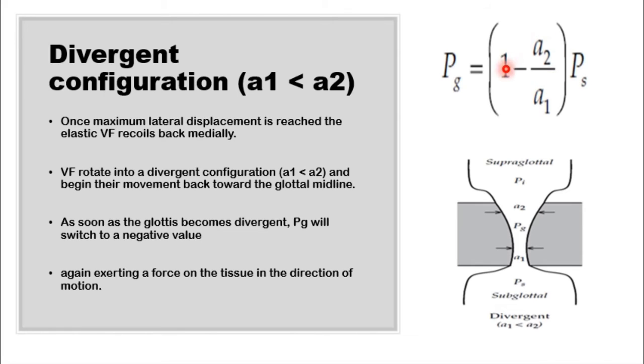So this entity would be negative, providing a negative intraglottal pressure. A negative intraglottal pressure in here would help in getting the vocal folds' medial ends closer together towards the midline, thereby closing the glottis during the closing phase of the glottic cycle.